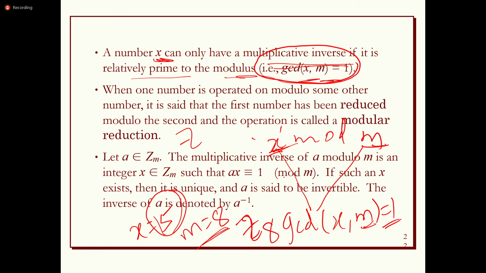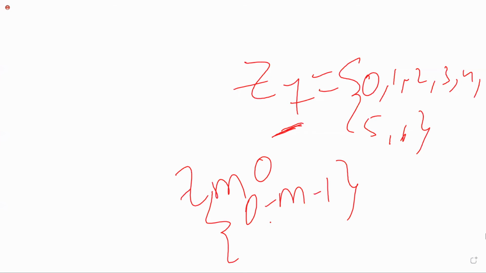We can calculate it if the GCD of 15 and 8 is 1, so it will have a multiplicative inverse. Here x is 15 and m is 8, and modulo 8 can be represented with Z8.